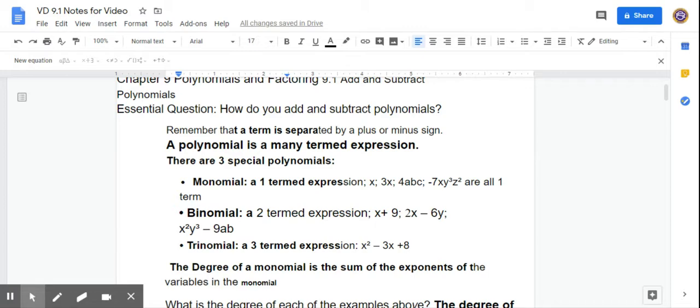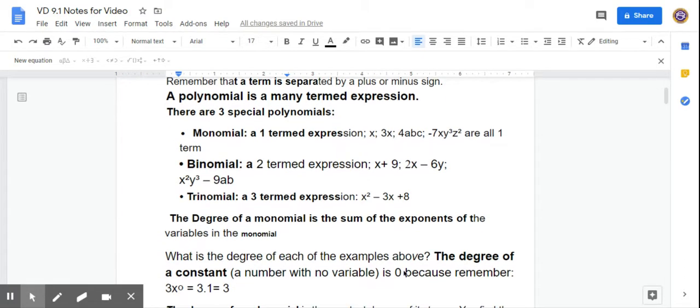The degree of a monomial is the sum of the exponents of the variables in the monomial. You'll have to excuse some of it; when I copied this onto the video, it kind of goofed up some of the printing. What is the degree of each of the examples above?